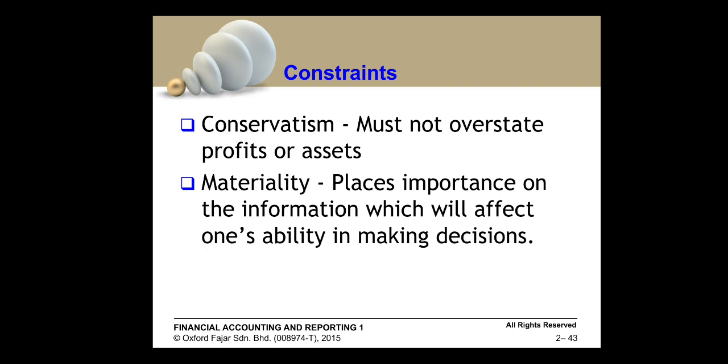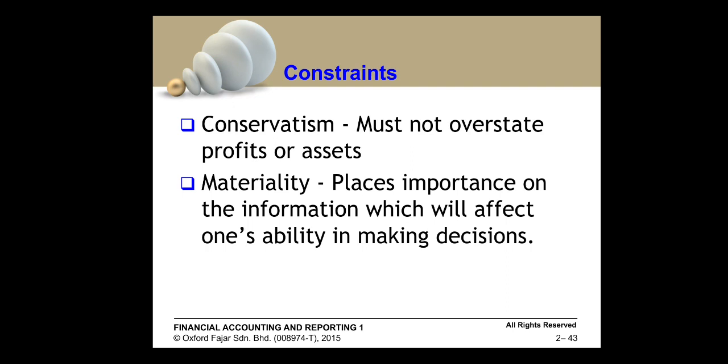For example, if there are small transactions and the transactions are not important, then you can group them together and record them in one account. For example, miscellaneous expenses. If the item is important, for example, inventory, supplies, buildings, so they are important.